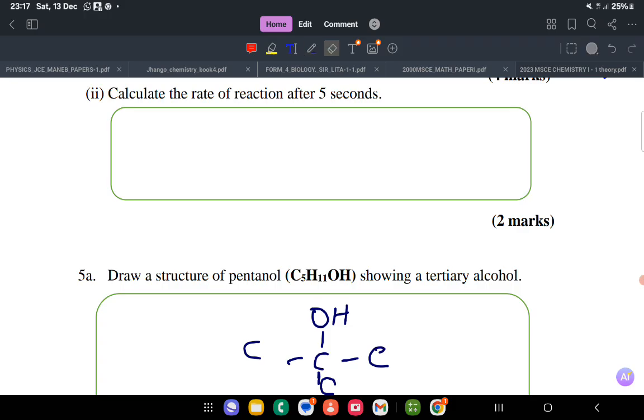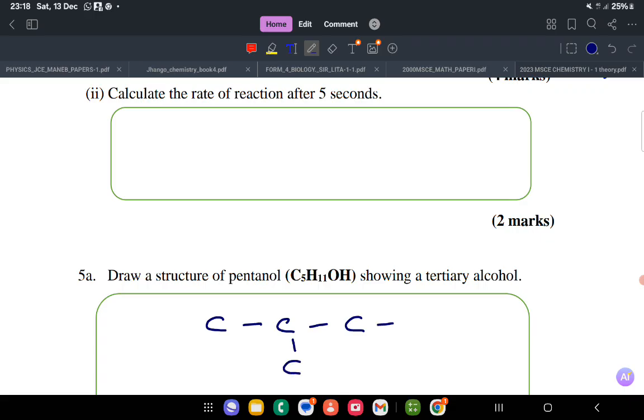All right, so in this case, our tertiary alcohol, remember it's a pentanol, so it must have 1, 2, 3, 4, then 5, like that, so that the OH will be somewhere here, and then the rest of the hydrogen atoms will be attached to the free carbon atoms.